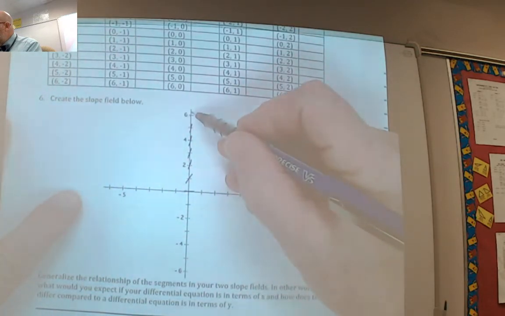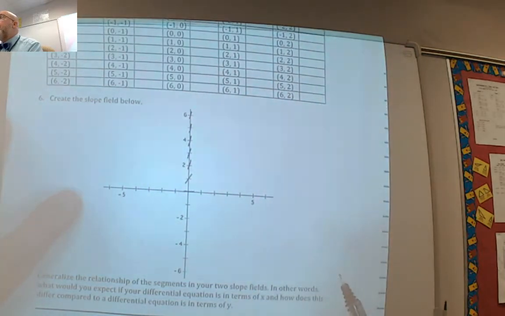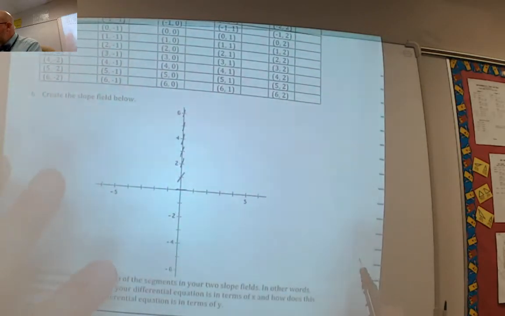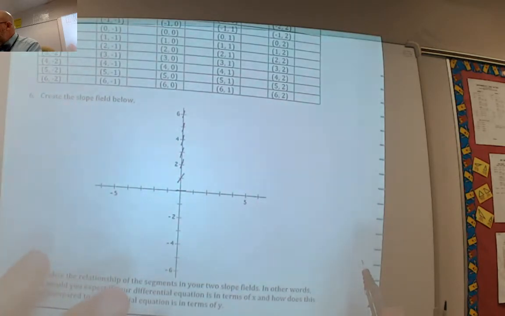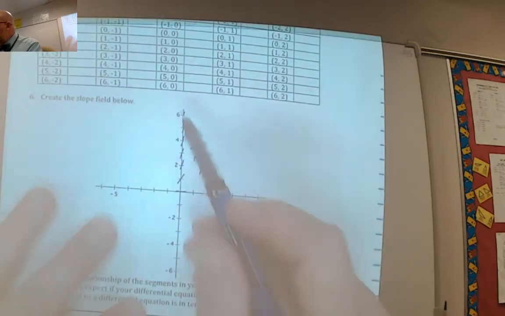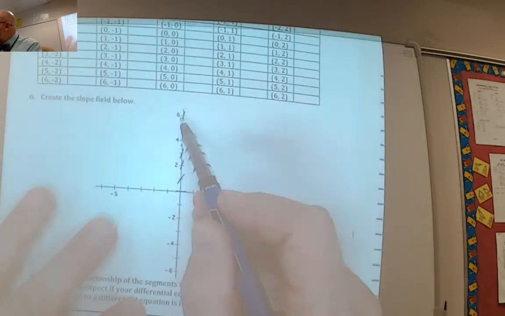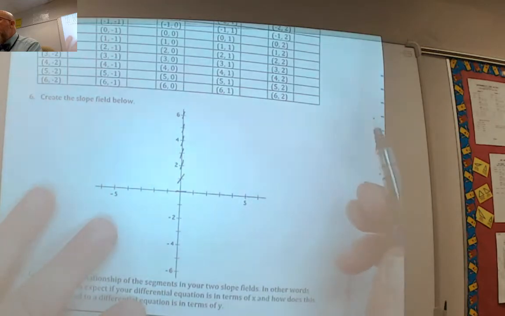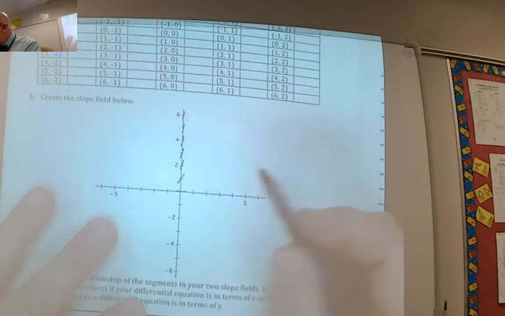Somehow you're supposed to draw 12, which you can't do. It only goes up to 4? Well, it only goes to y equals 2, because isn't it dy dx equals 2y? Isn't y 12 here? Well, yeah, but we didn't have to graph it. That wasn't on the chart above, it doesn't go that high.